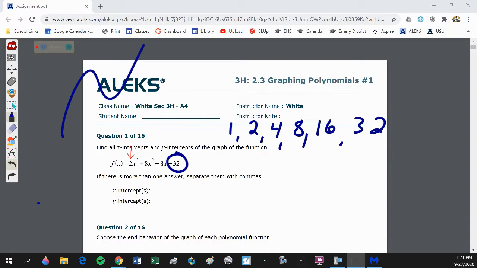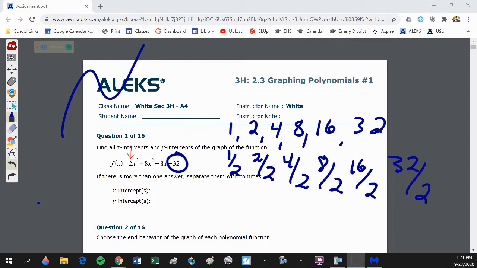So it could be 1 over 2, 2 over 2, 4 over 2, 8 over 2, 16 over 2, and 32 over 2. But most of those are already there, right? The only one that's new is that one. All the others are there. So we can get rid of those.